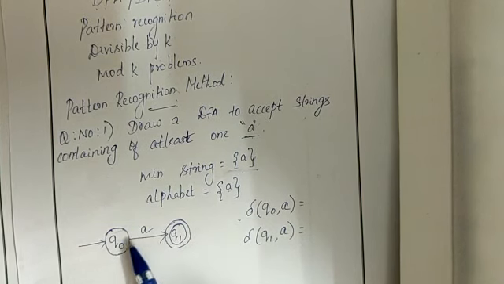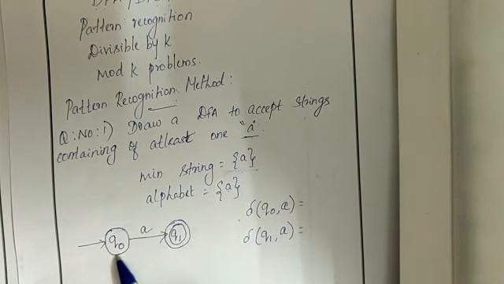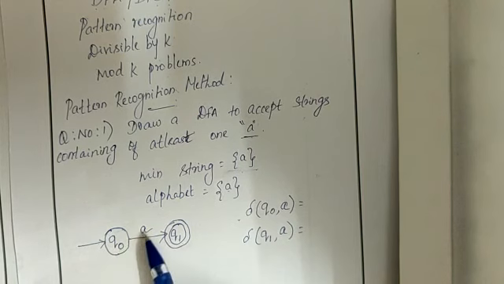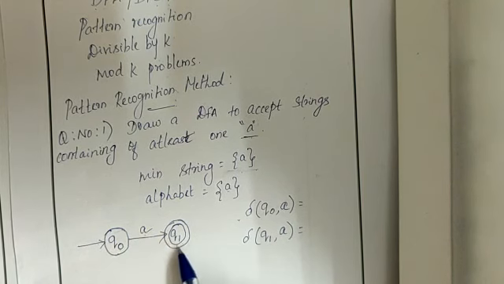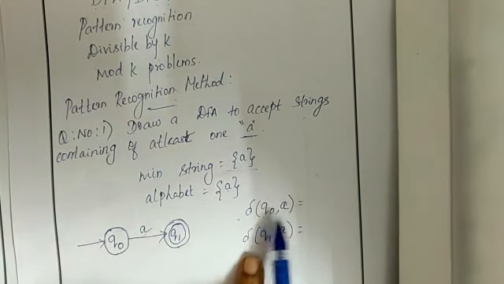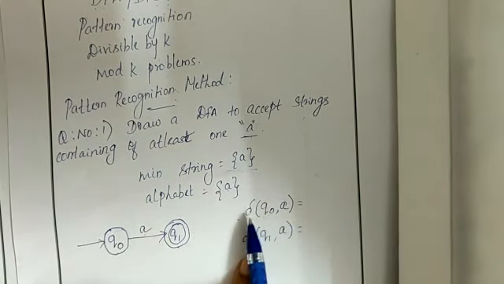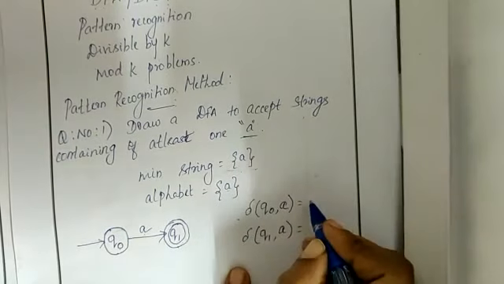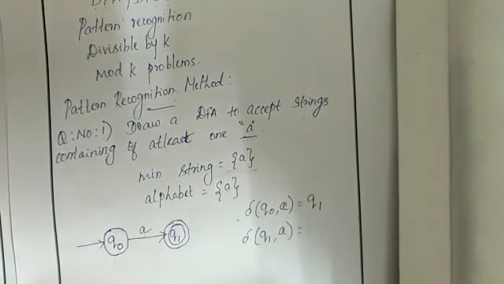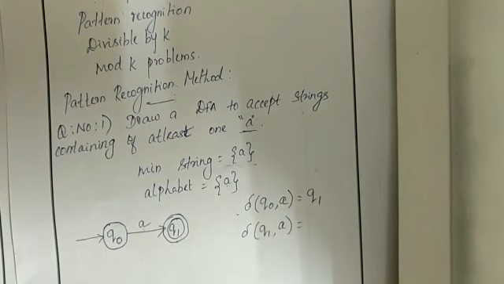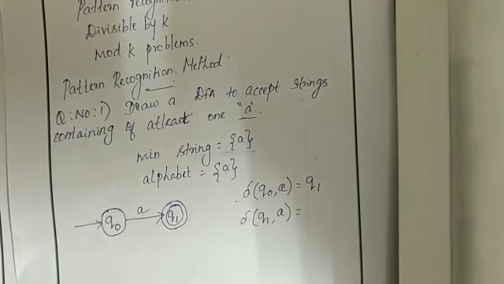I repeat, when the Q0 state accepts A input, there is a transition to Q1.